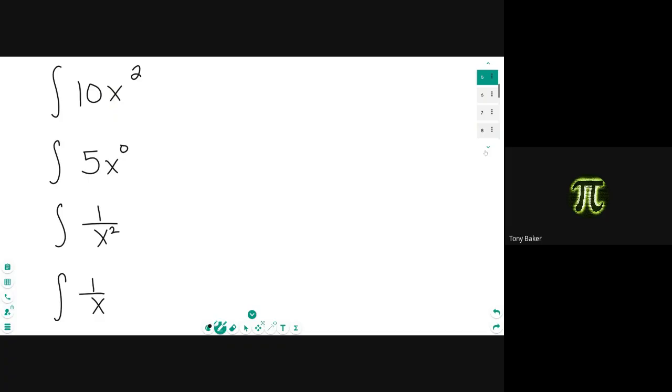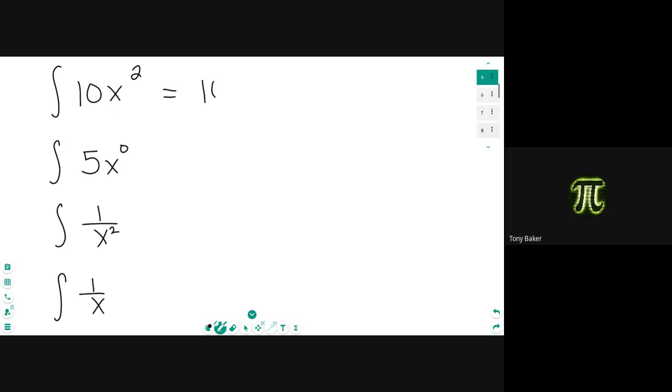So let's use it on a few. So 10x squared. What would be the integral of 10x squared?